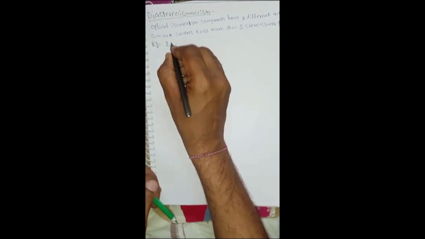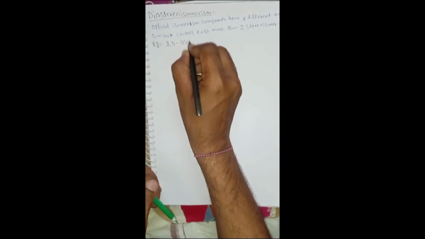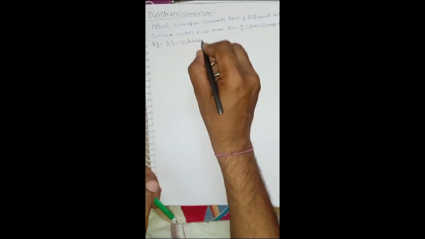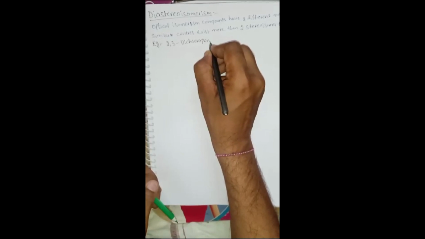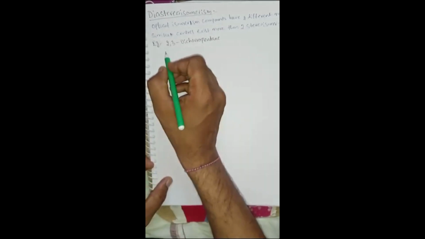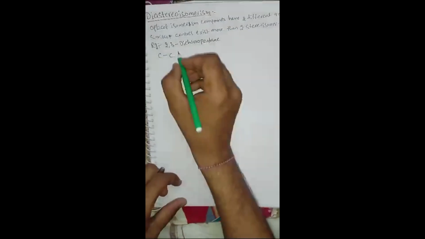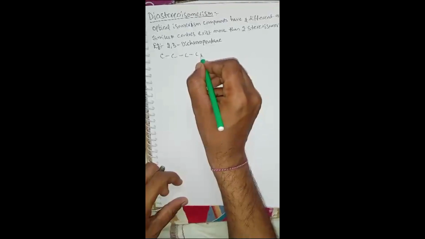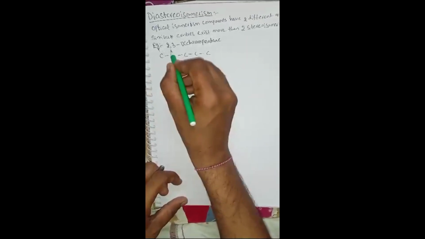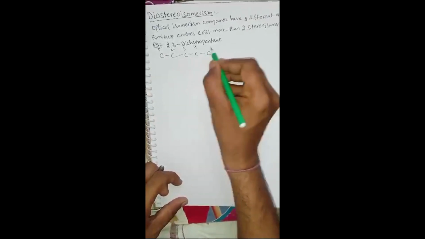So that is 2,3-dichloropentane. Pentane means 5 carbons, at 1, 2, 3, 4, 5.